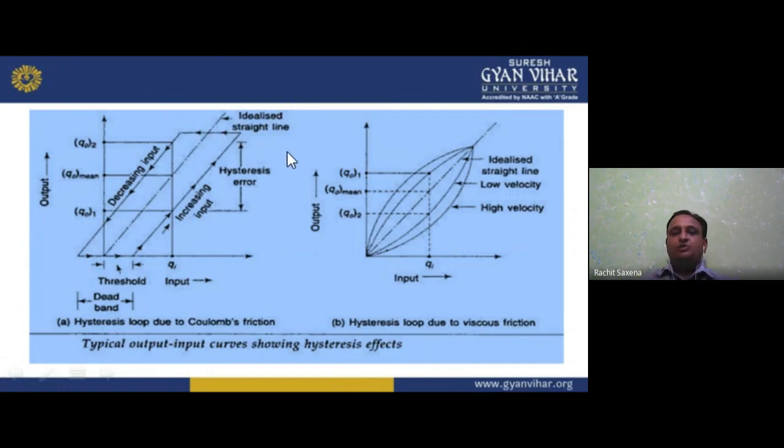Similarly, in a magnetic field we can find hysteresis, which is a reversal of magnetism, known as the BH curve or the hysteresis curve.